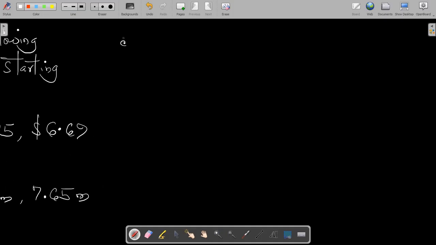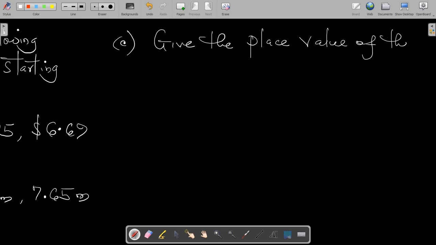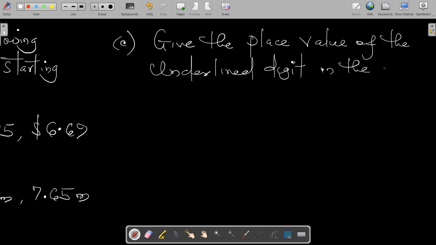So let's go to the last question, the C part of the question. I want you to give the place value of the underlined digits in the following numbers.